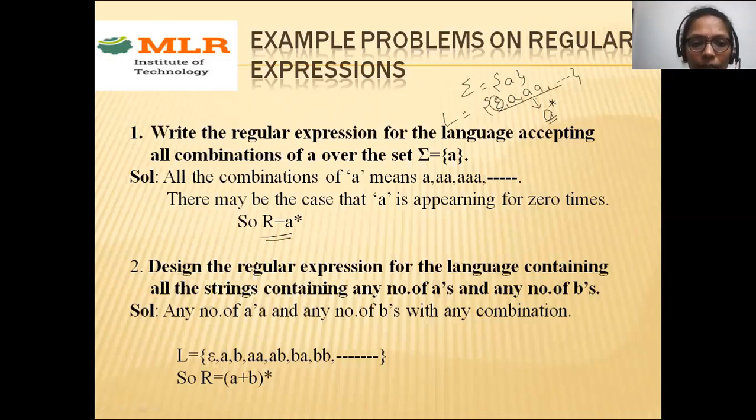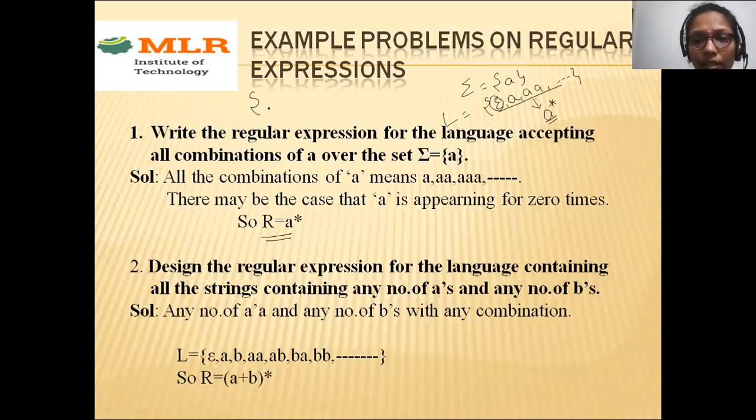Now coming to the next question, design the regular expression for the language containing all the strings containing any number of A's and any number of B's. That means you can take any combination.